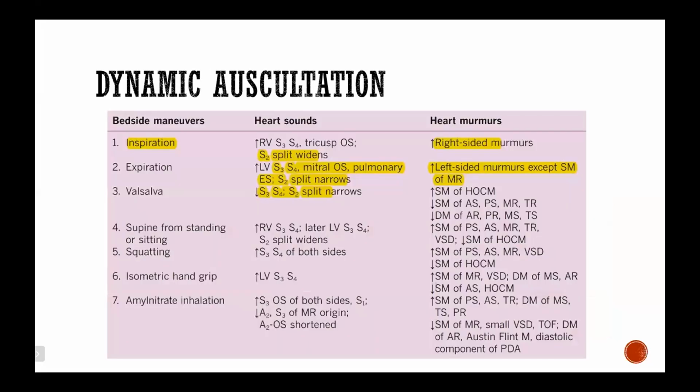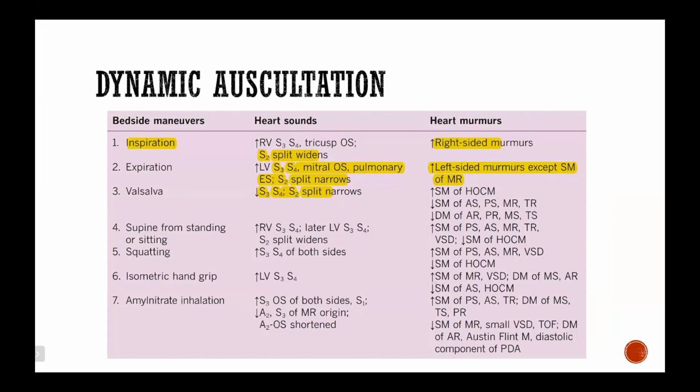Finally, coming to dynamic auscultation. Dynamic auscultation is a technique where we alter the circulatory dynamics by some physical or pharmacological maneuvers, and we see how the heart sounds or murmurs change after these maneuvers.